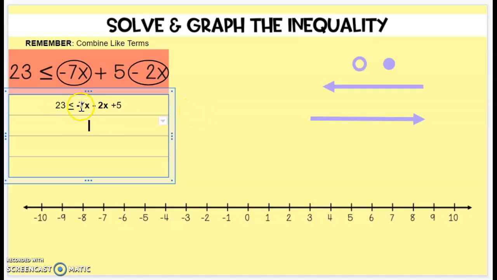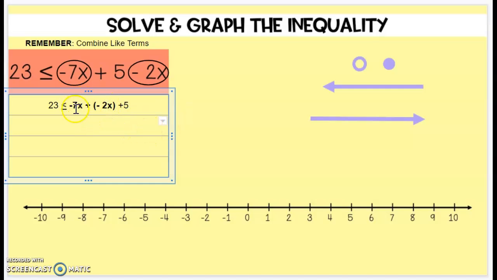We are going to combine this negative 7x and negative 2x. Now, when you have a negative number and a negative number together, the rule is you always add the opposite. So we're going to add the opposite or replace that blank spot with a plus sign or an addition sign.